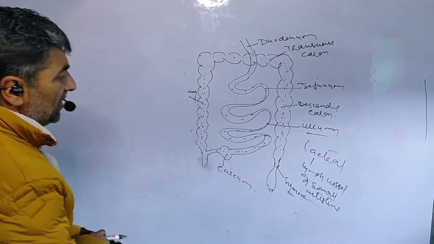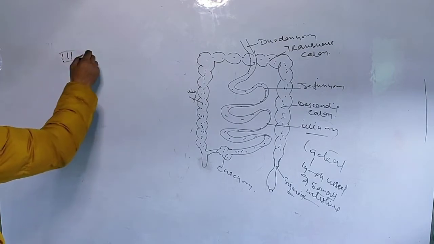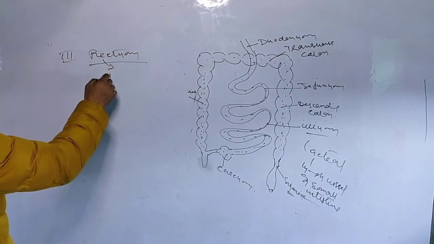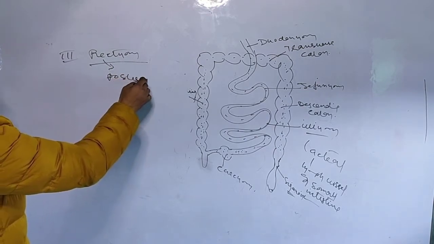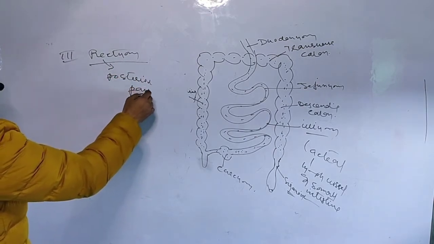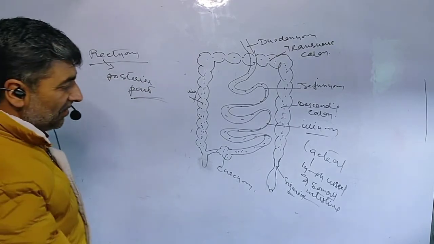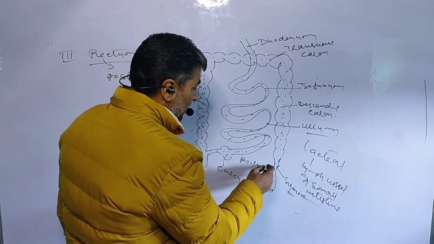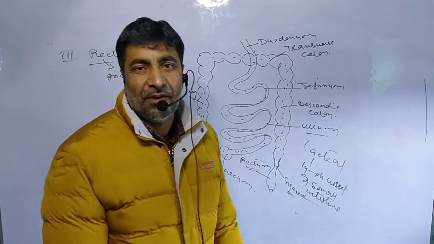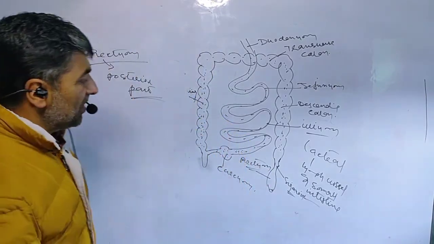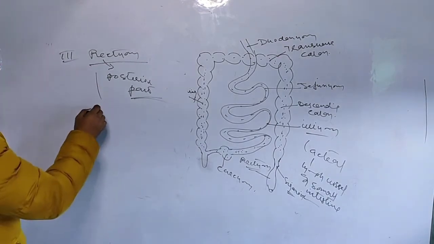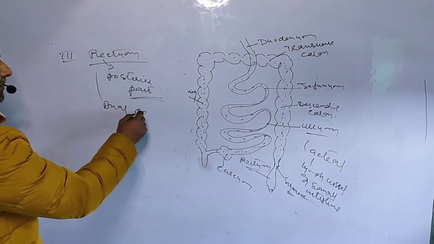Next and last part is called the rectum. It is the posterior part of the large intestine, or we can say the posterior part of the whole alimentary canal.